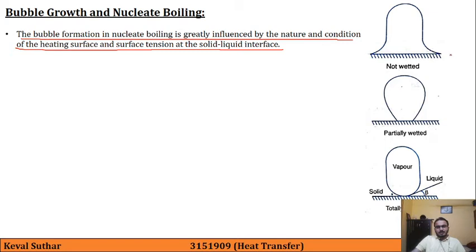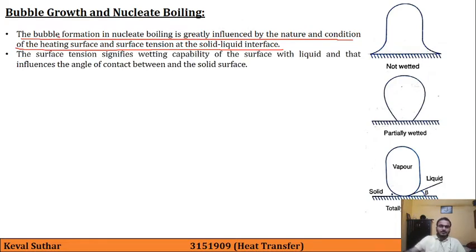So the nature and condition of the heating surface and surface tension are important for how the bubbles are formed. The surface tension here signifies the wetting capability of the surface with liquid, and that influences the angle of contact between the liquid and solid surface.